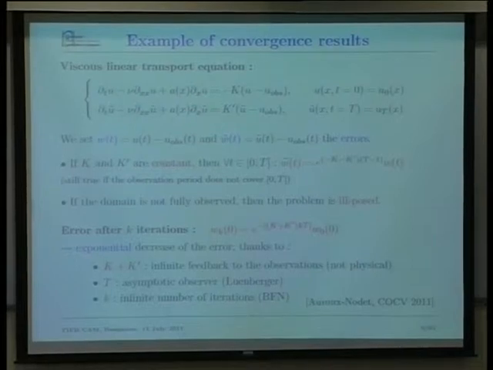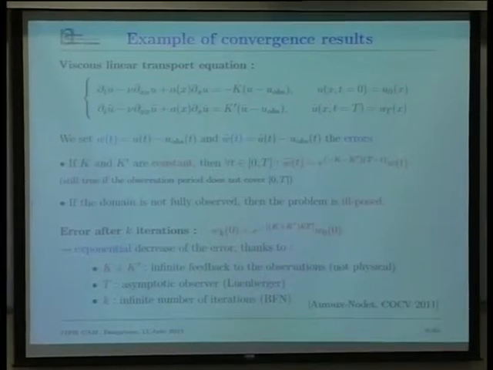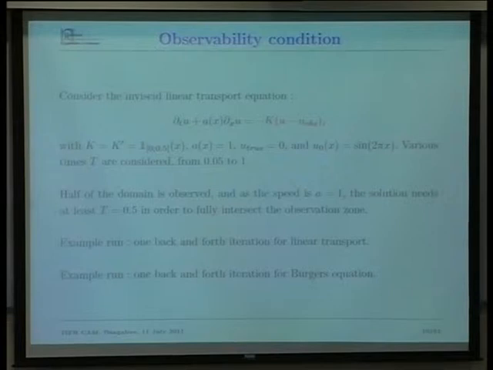And you get almost the same solution as if you were able to go up to infinite time. So it's possible to study the observability condition, because if you remove diffusion, then you can observe only partially in space. If there is diffusion, then you need full observation in space.